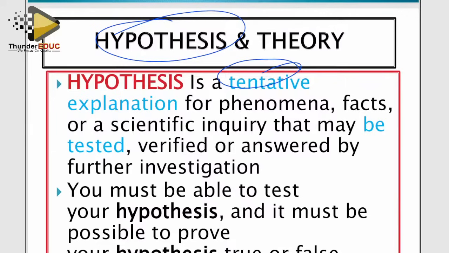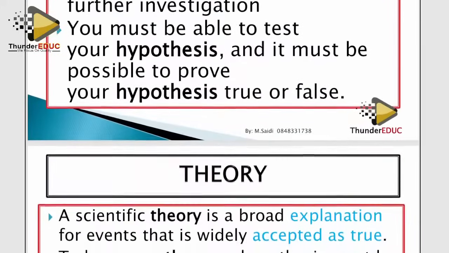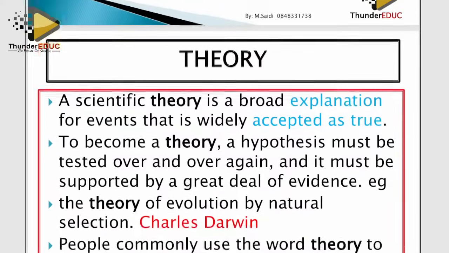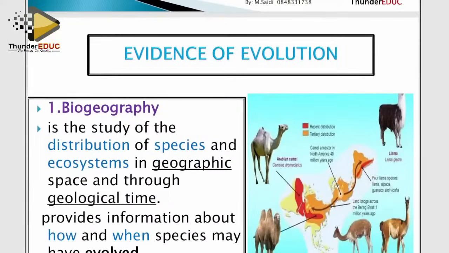A theory is an explanation of a phenomenon which is accepted to be true and is supported by facts, experiments, laws. It is an explanation of something which has happened. Is it clear? Yes. So theory, I'm done.